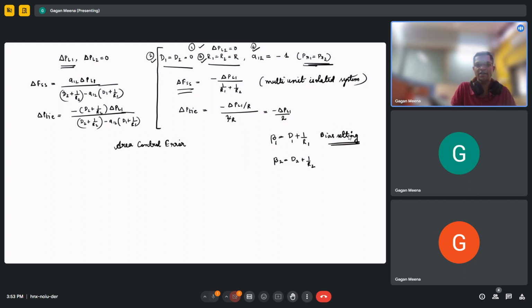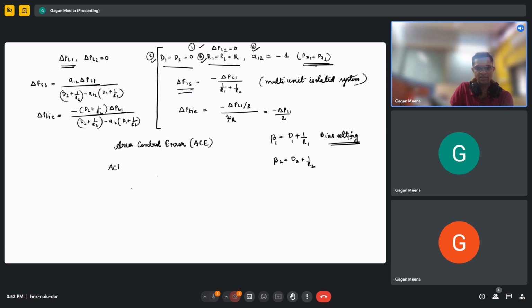The area control error, ACE, depends upon two things: changes in the tie line power flow as well as the change in the frequency. It is a combination of these two, and it happens because of the load imbalance in the areas.